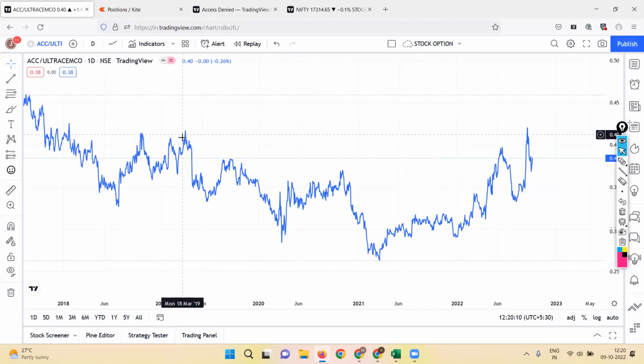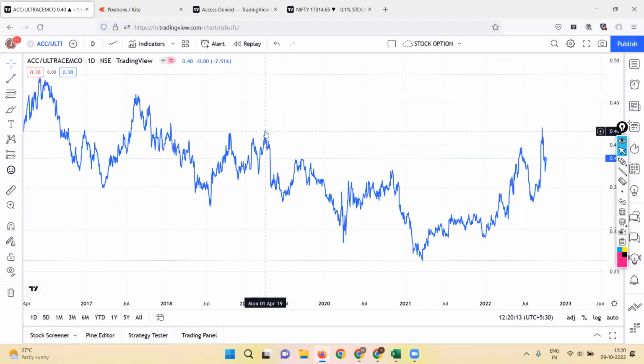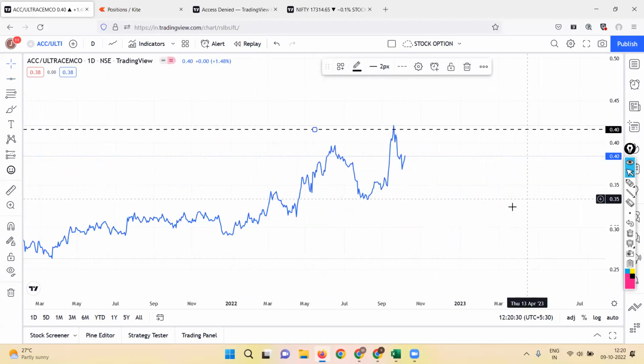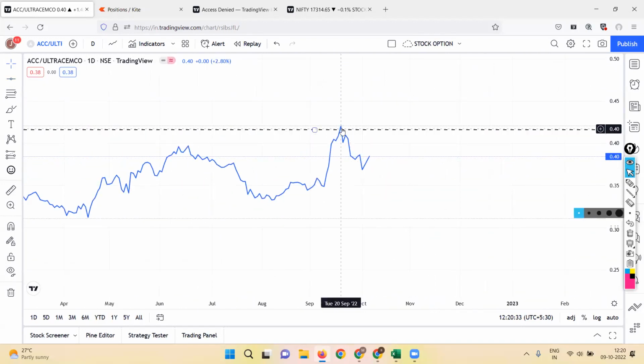In previous history, on 19th April the stock price ratio reached 0.40, and then the ratio depreciated. The same happened on 20th September. At this time the first stock is outperforming compared to Ultratech Cement, so we sell ACC and buy Ultratech Cement.